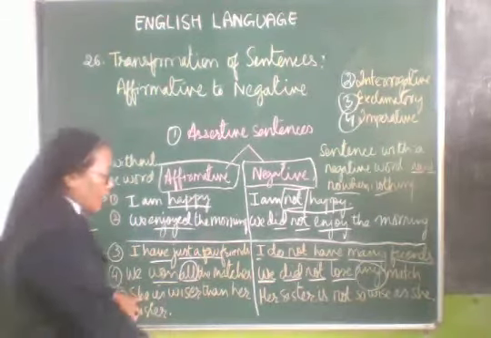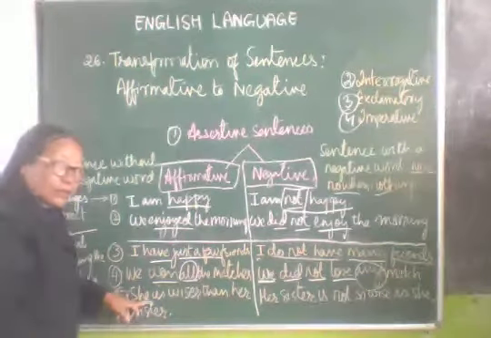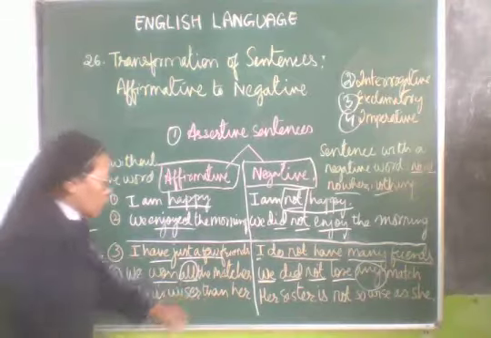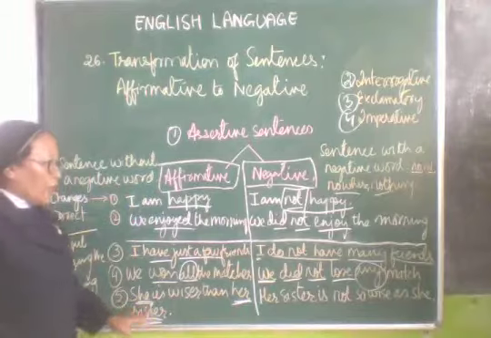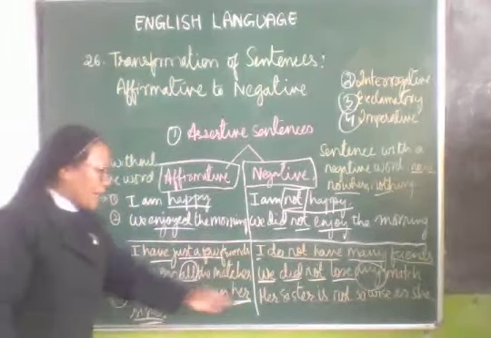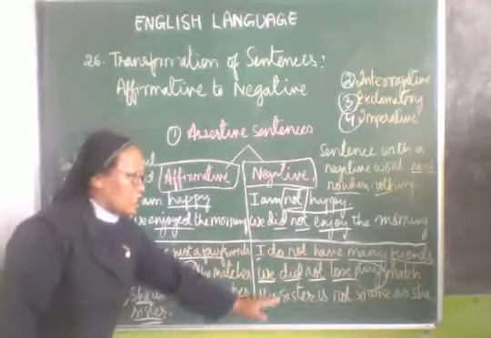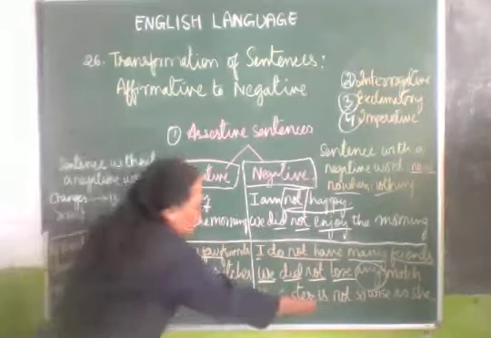So now look here, this word she, the subject of this, and then her sister. Now while changing it into negative, you can bring that first. Her sister is as it is, okay, the subject.